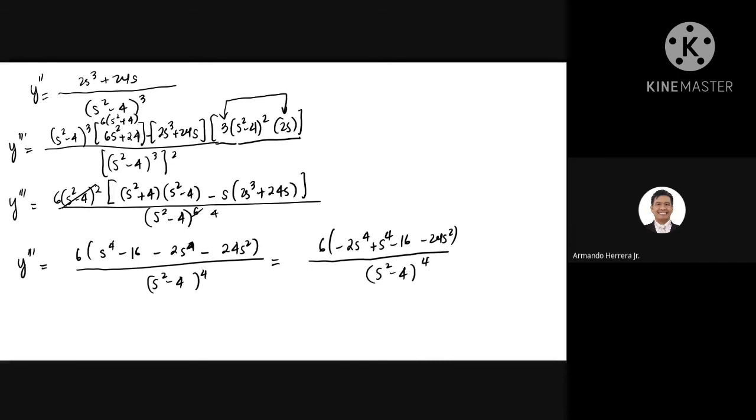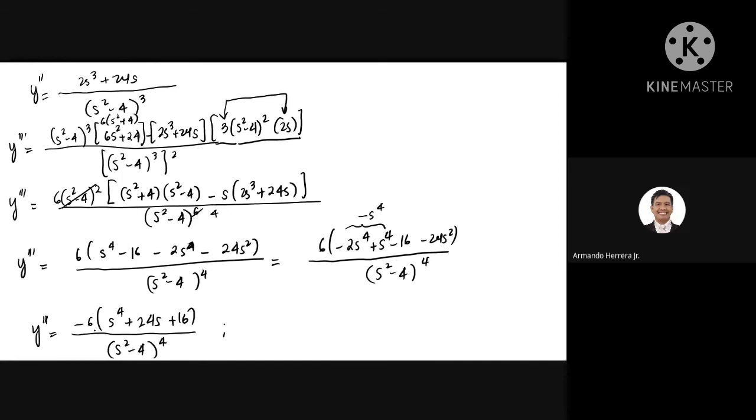I just combined the terms with the same exponent. So combining the two, y triple prime is negative 6, because this when combined is negative s to the 4th. You have negative 16, you have negative 24. Factoring all that negative, it becomes negative 6 times (s to the 4th plus 24s squared plus 16) all over (s squared minus 4) to the 4th.